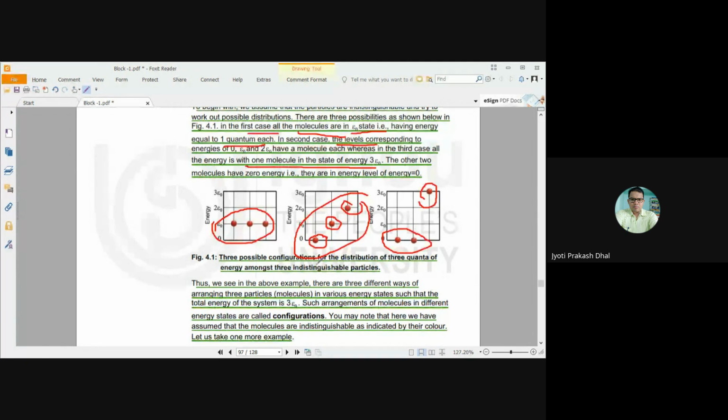So these are the three possible configurations for distributing 3 quanta of energy among three identical particles.